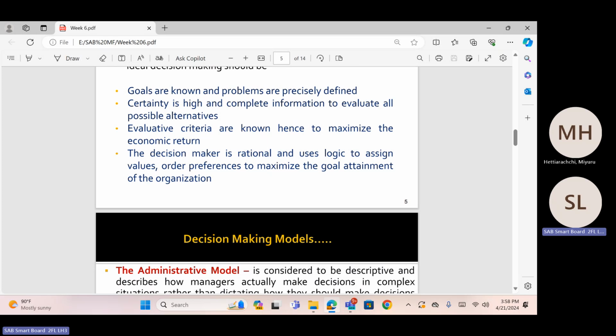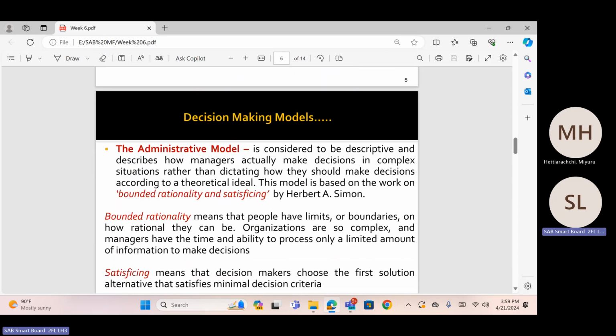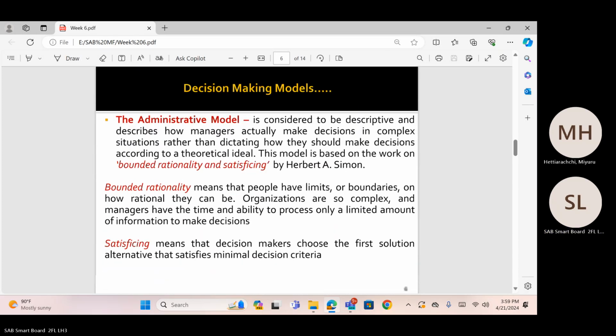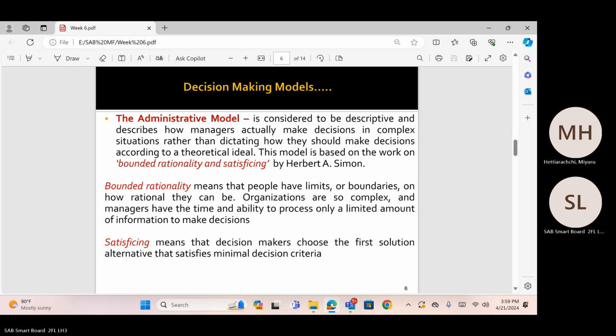And then we are going to identify the next model of decision making. What's the model name? Administrative model. Admin model. Right. Therefore, this model is more suitable to face complex problems, long-term or unstructured decisions.